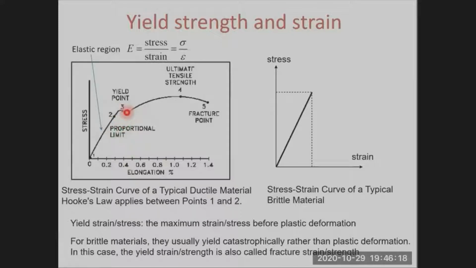So this point is called a yield point, or we can say that above this point, the material yields. It leaves this elastic region, and the area between point 2 and 5 is known as the plastic region.